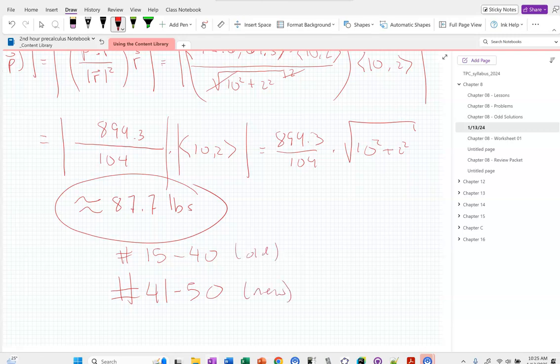And I'm going to assign new for this Sunday, 41 through 50. Again, expect this week, homework quiz covering sections 1 and 2. On that day that we do the homework quiz, I'll also have a Delta Math assignment for you to practice some of those 8.1 and 8.2 skills as well.